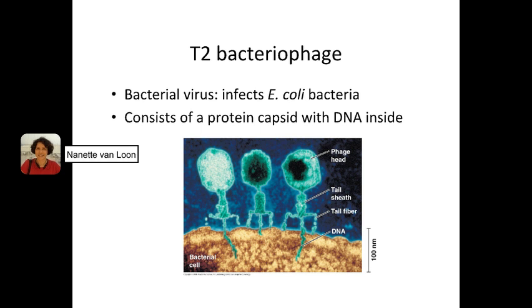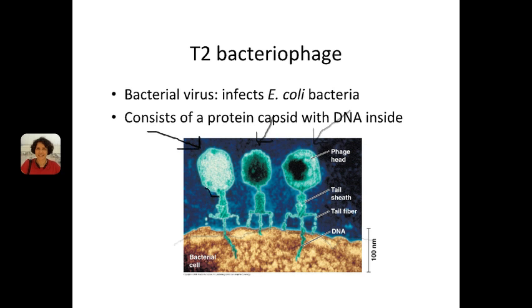This slide shows us an electron micrograph of the T2 phages infecting a bacterial cell. So the brown part here in the bottom is the bacterial cell, and there are 3 phages sitting on top of it. Isn't it interesting, that shape? It looks so alien, almost like a machine, but that is the shape of these phages.